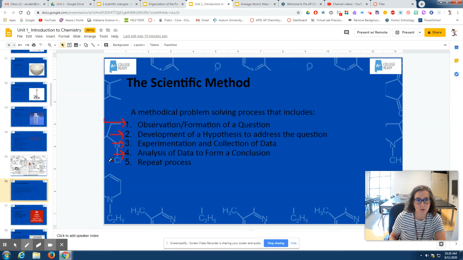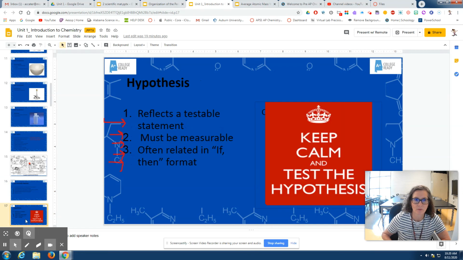And then we repeat the whole thing all over again to make sure that the conclusion we came to was a correct conclusion. So a hypothesis is a testable statement. It's something that we can test, that can be measured, and it's often in the form of an if-then statement.